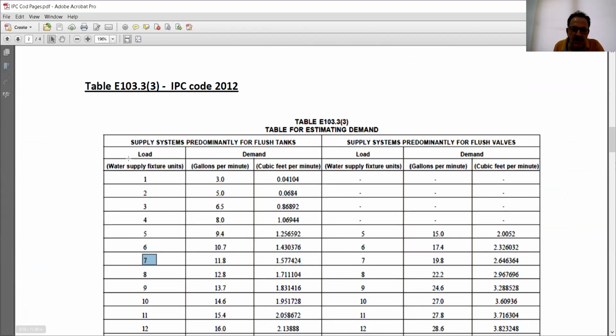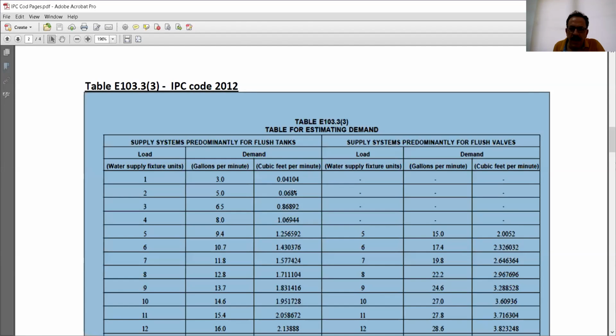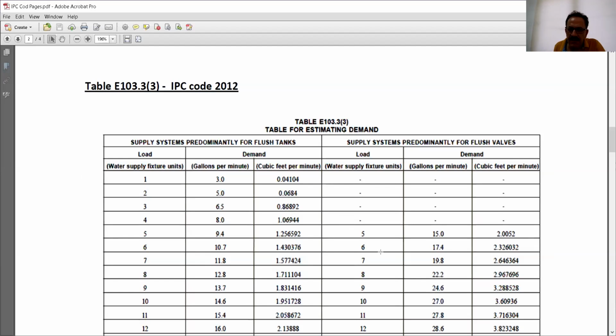Then 7 fixture units. Look at this: water supply fixture unit, this is 7. You can see how much the demand is, or how much flow is needed: 1.577 feet cube per minute. Also we have 7 here with 19.8. This is for flush valve, and the other is for flush tank, if you are using the roof tank system.